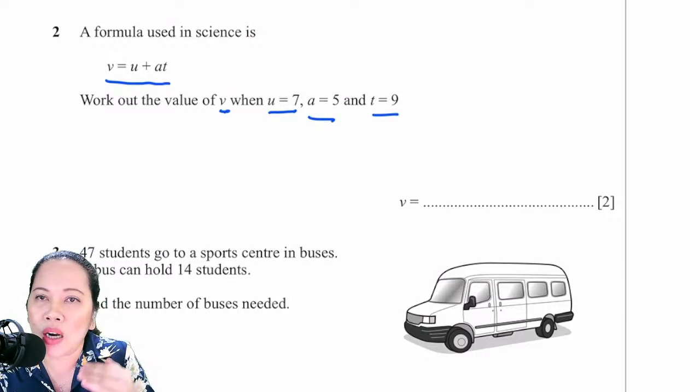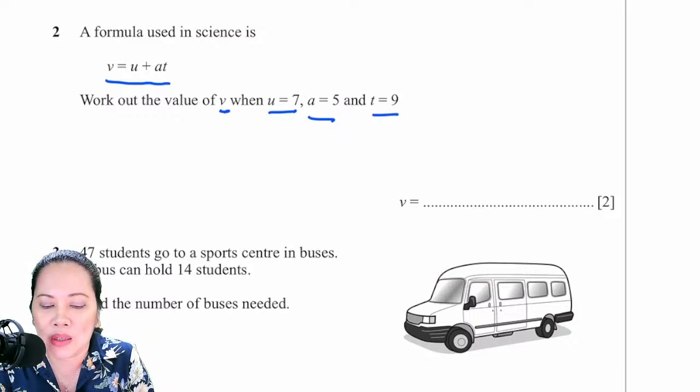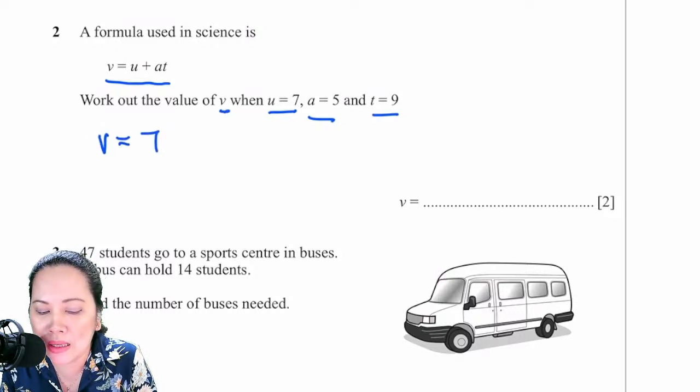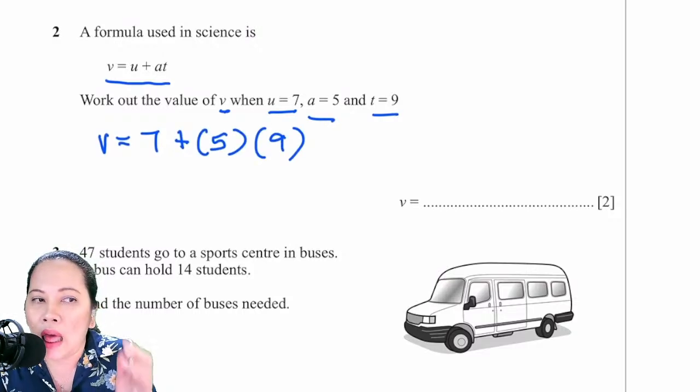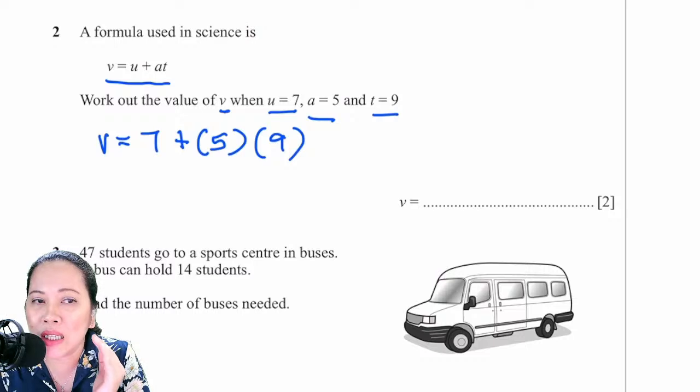Since you are given the values of U, A, and T, all you need to do is substitute these values for the variables. So that's V equals my U, 7, plus my A, 5, and my T, 9. Then you think of your BIDMAS or PEMDAS or BODMAS, however you call it. You think of the rule of operations. What comes first? Multiplication comes first.